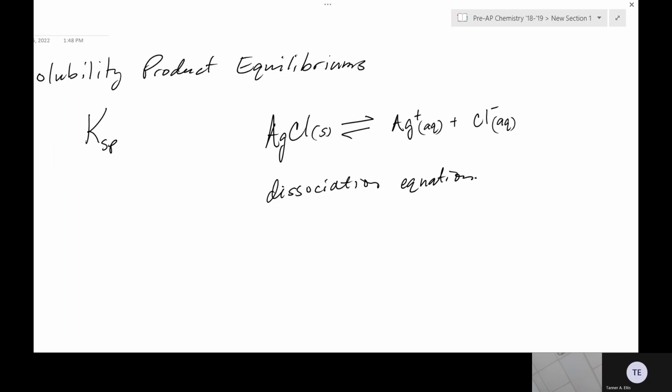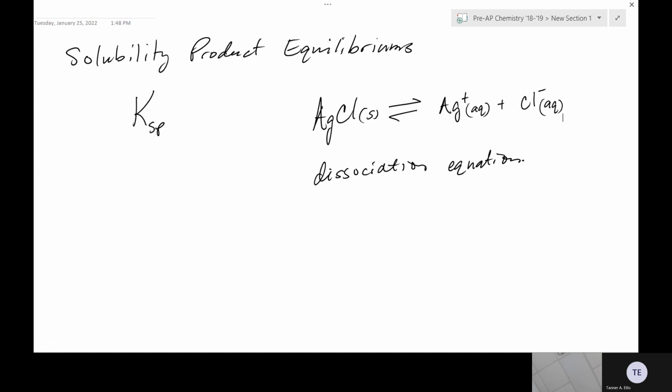Okay. Once you figure out that the dissociation equation looks like that, then we can write an equilibrium expression for this. The equilibrium expressions for KSP are always really, really simple because none of them have a denominator, ever. Because the only thing on the left-hand side in your reactants is a solid, because we're doing solubility of a solid.